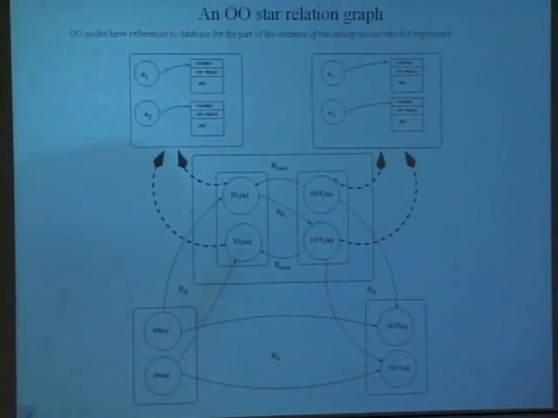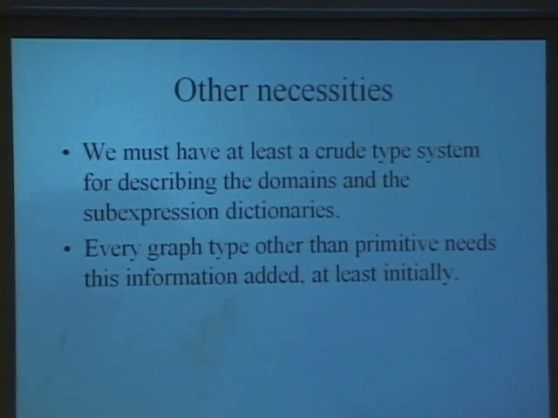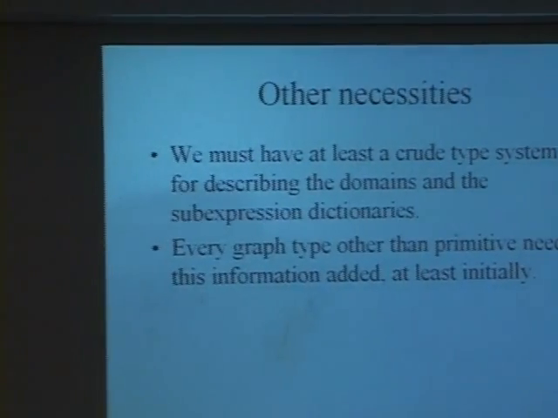You do the same for all those graphs, right? We have to have some sense of a type system for doing this. I managed to get away with a very crude type system. But you need, for any of your types, to be able to construct a dictionary on that type to any other type.